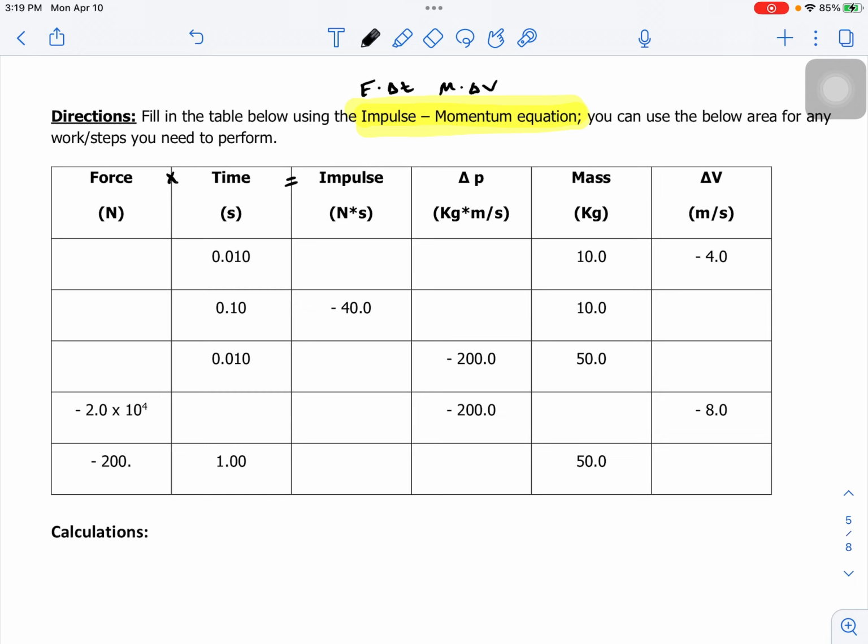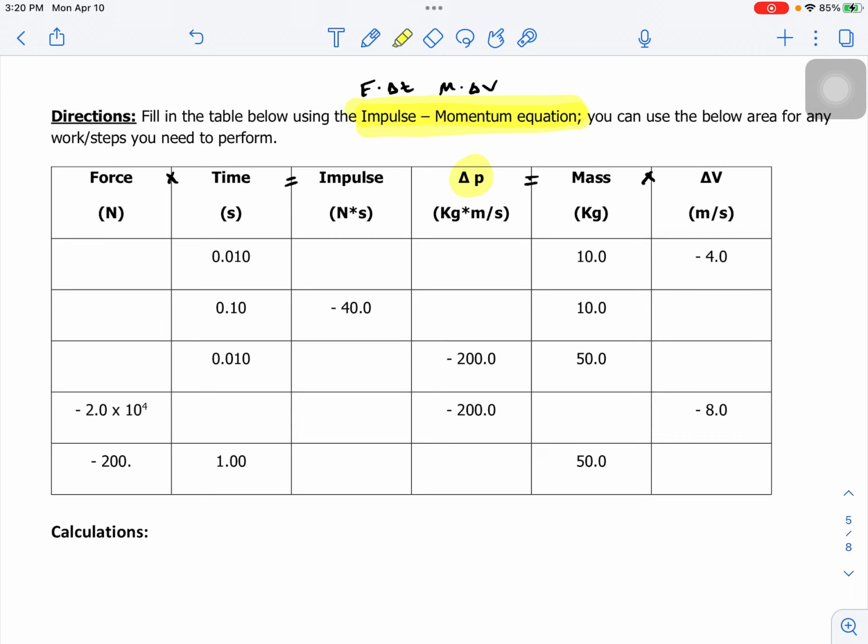So you'd have to have a change in velocity. And if you look across the top of this table, it shows change of velocity with the triangle P, which is the abbreviation for momentum.